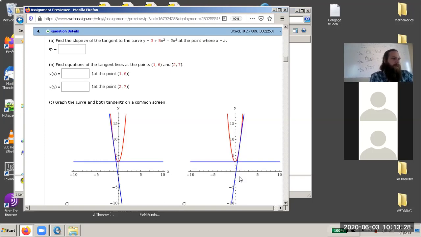Write the equation of the tangent lines, sketch the graph.